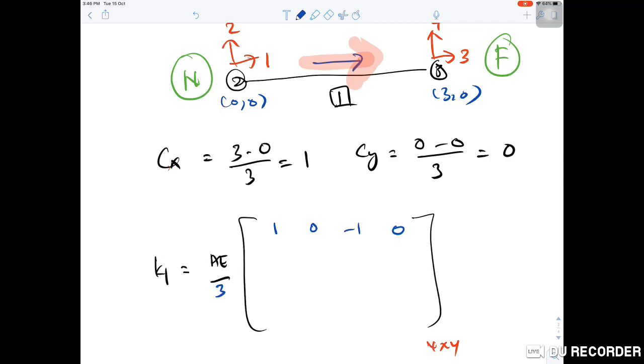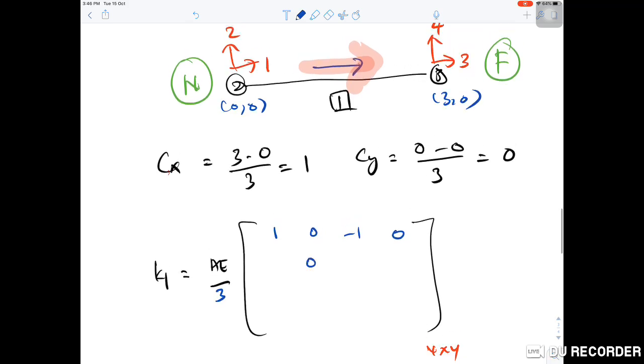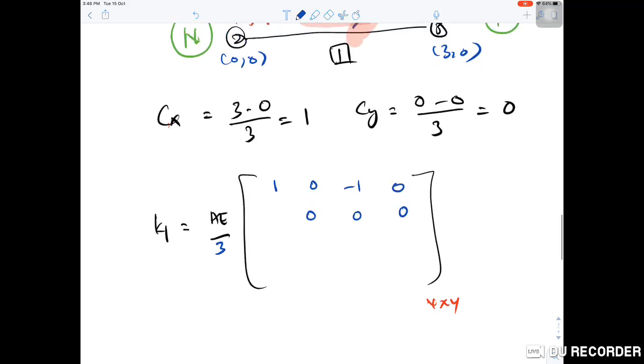Then since the matrix has the symmetry characteristic, the 1 2 position is equivalent to the 2 1 position. So 2 2 is CY square. CY square is 0. You may check the formula. And for position 3 3 is CX square, which is 1, 0, 0.